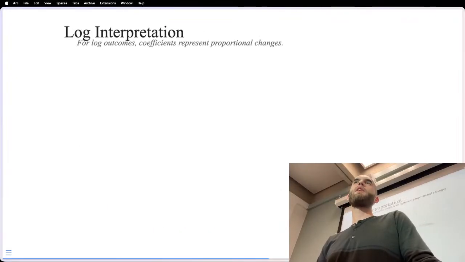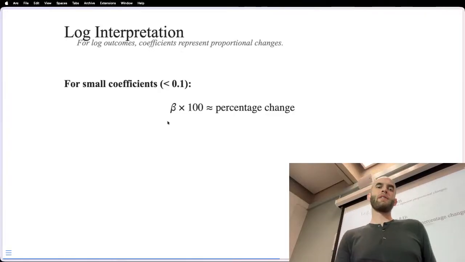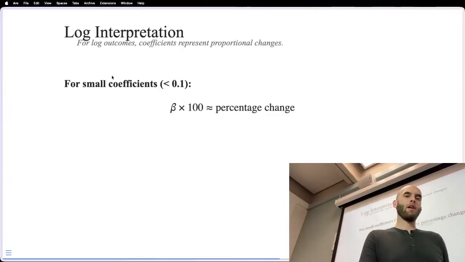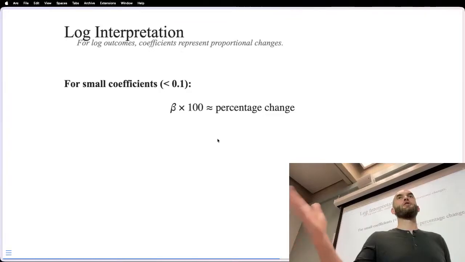So the last thing, we covered this a little bit last class, but because we're using log as the outcome variable, I just want to spend a second to talk about the interpretation of betas when the outcome variable is log. We talked about this last class, but when the coefficients are very small, the beta itself is approximately beta times 100 percent change.